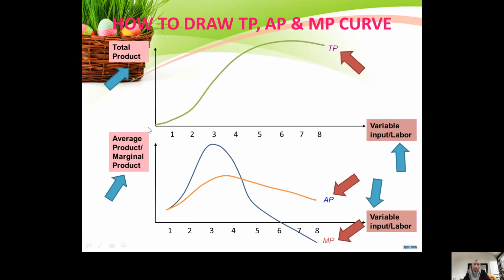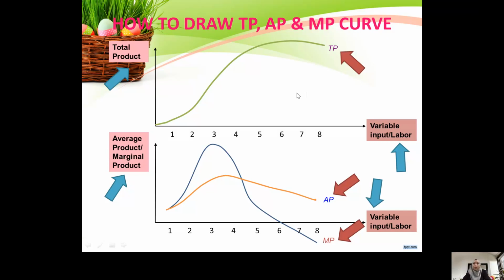The TP curve starts from 0 because there is zero production, so it starts from the 0 level.